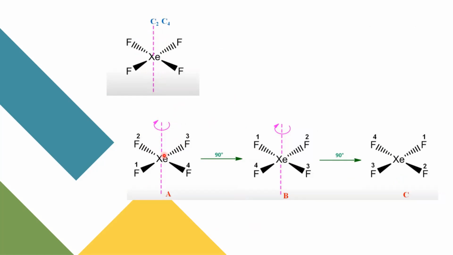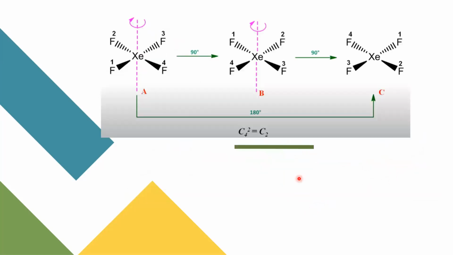So when you rotate this, consider molecule A, you rotate it by 90, you see the change of positions of these labeled atoms, right? And when you do it again, you get this configuration, right? So when you do C4 twice, you get a C2 operation. See, 90, 90, 180.